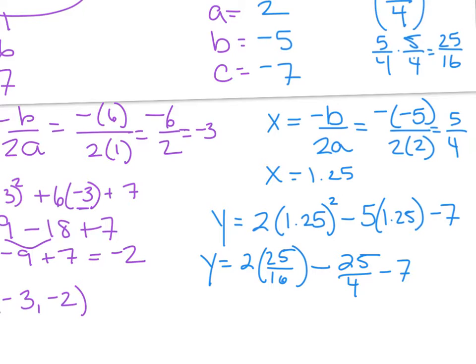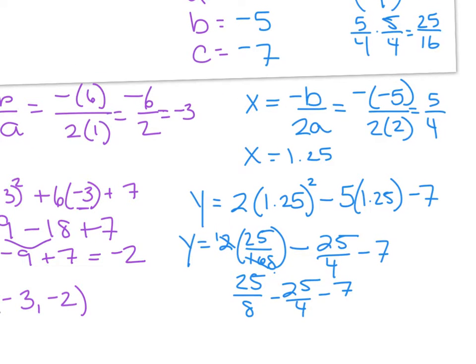Next step, I'm just going to multiply. So I'm going to do a few things here. So 2 and 16, reduce that to 2. This will be 1. That'll be 8, because 16 divided by 2 is 8. Then I have minus 25 over 4 minus 7. I'm going to change all of my fractions so that they have common denominators, and I'm going to make everything an 8.